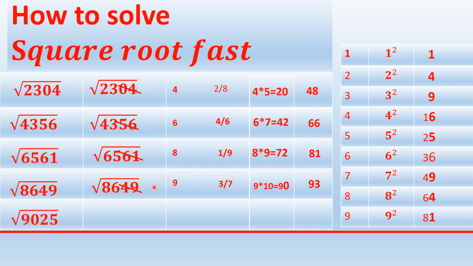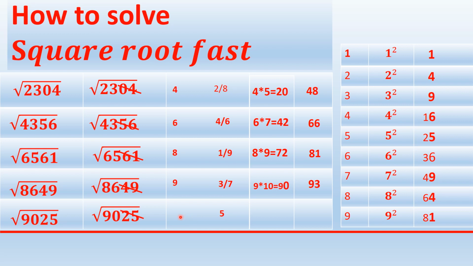Let's try another one. You can pause the video and see what you can get from here. We do the same thing. Ending 5 is only one number, which is 25. So 25 is 5 squared. So we pick 5. We have no option but to pick 5.